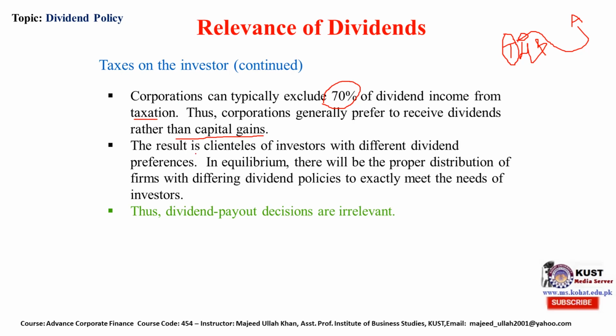The result is a clientele of investors, meaning some investors do not prefer dividends, and some investors prefer dividends. Let's suppose these investors who are corporate bodies prefer dividends. So in equilibrium, there will be a proper distribution of firms with differing dividend policies.